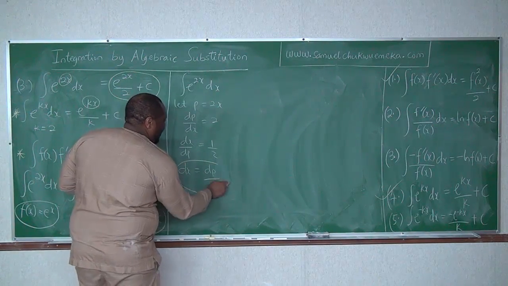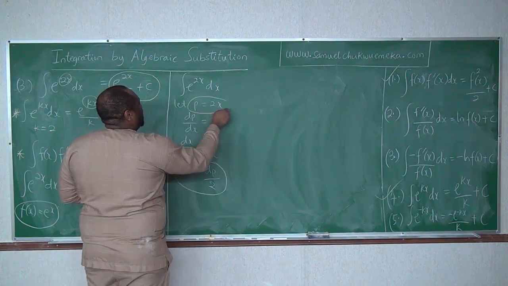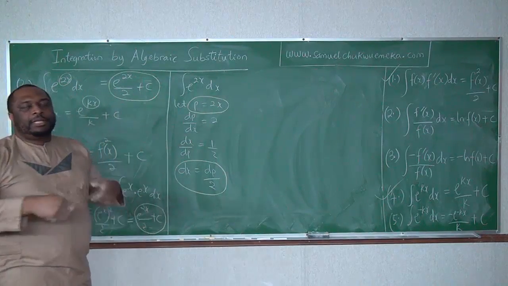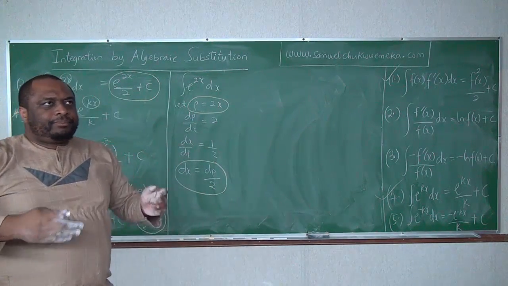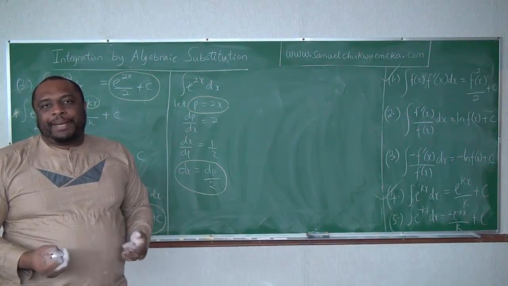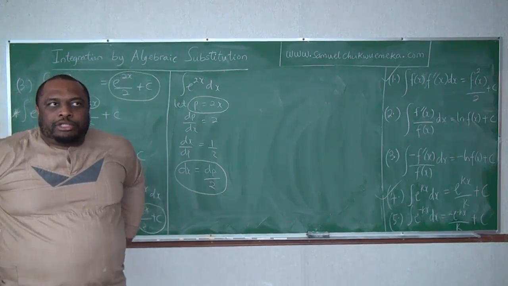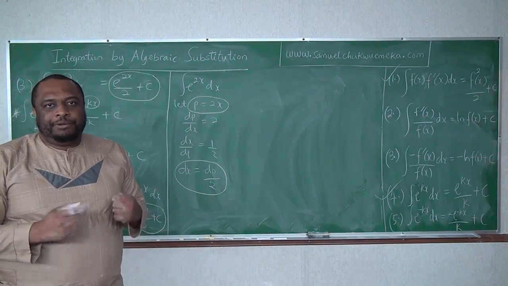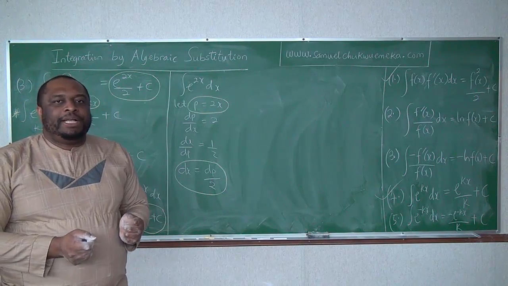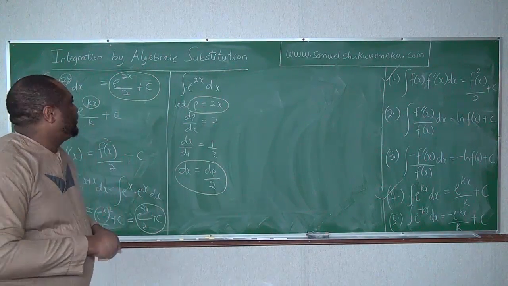So, you must not behave like me. But if you're still learning this topic, I advise you not to skip steps. If you're still learning it, it will be good not to skip steps.